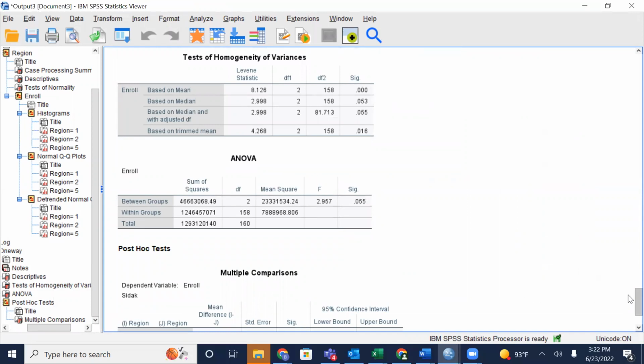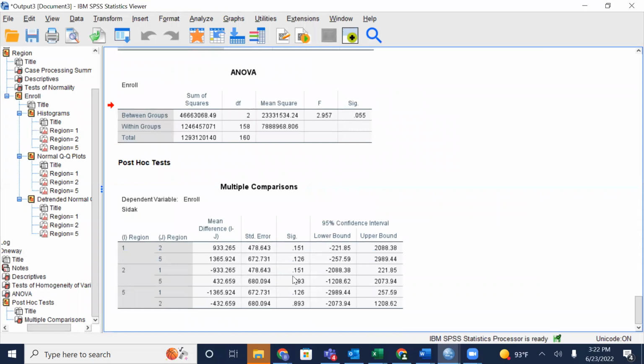So with ANOVA, if the significance is less than 0.05, we would reject the null hypothesis and assume there is a difference. But it looks like here, let me go down to the Sidak and see if there's any significance.